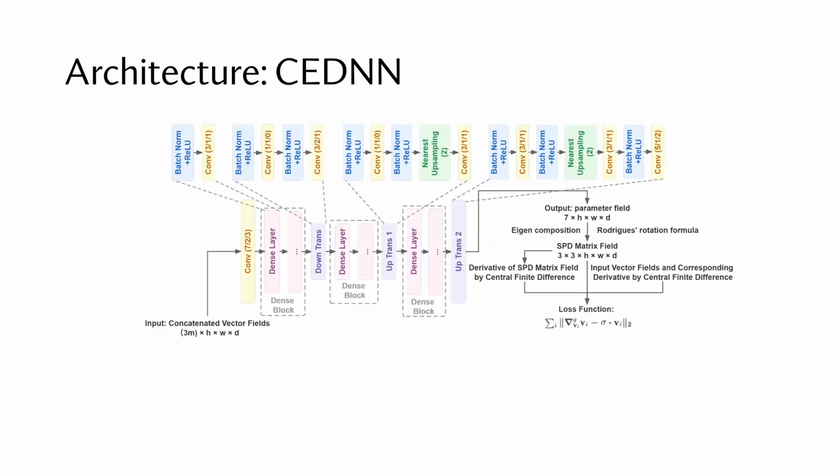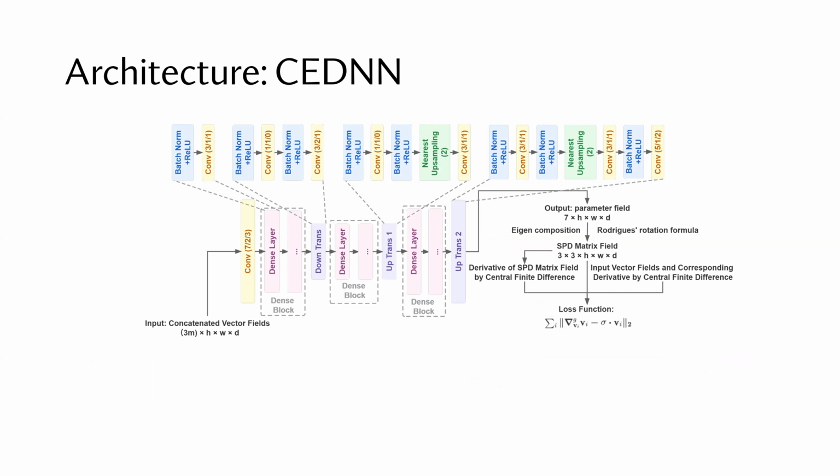To overcome the inherent limitations of the vanilla MLPs, we switched to a convolutional encoder-decoder neural network approach to construct multi-scale features from high-dimensional input.